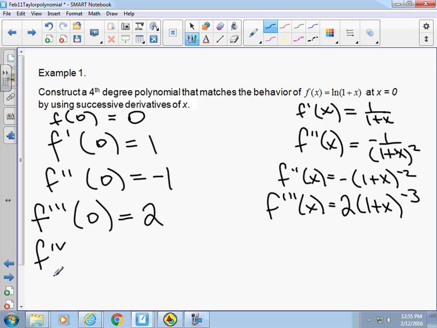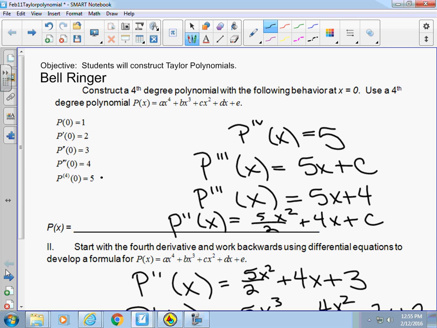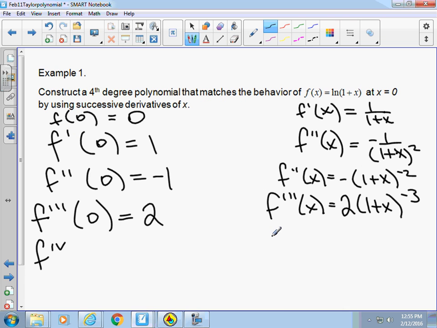And the fourth derivative. Quick mental note, how many derivatives did we need to get the fourth degree polynomial on the last one? 4 derivatives was enough, right? So this will be my last derivative.